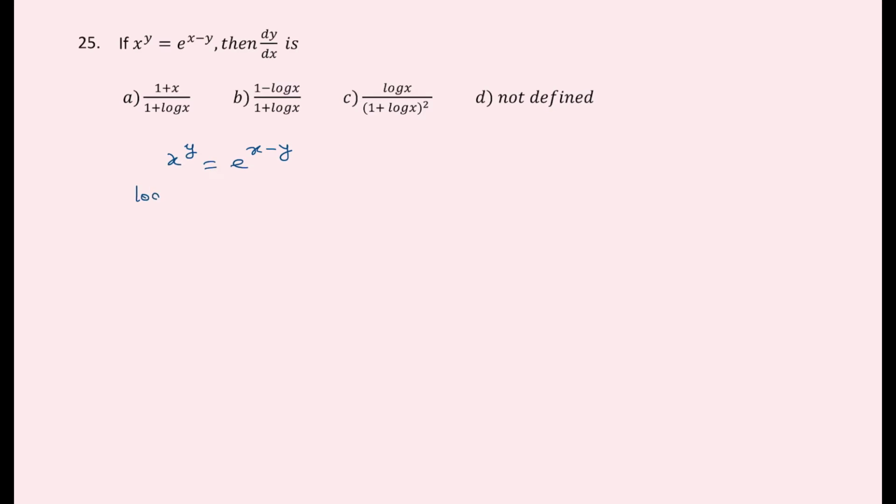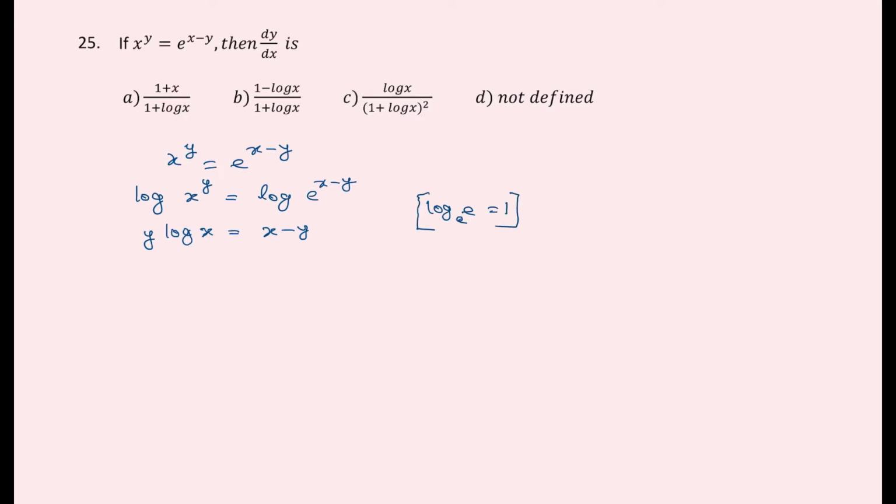Let us take log on both sides. Log of x raised to y is log of e raised to x minus y. And this is y log x using the logarithmic formula. And here x minus y, log e is 1. Log e to the base e is 1.